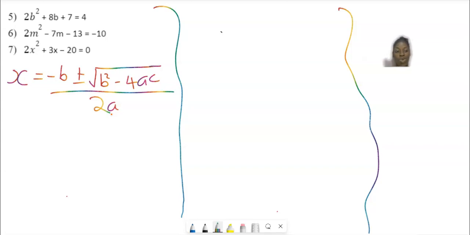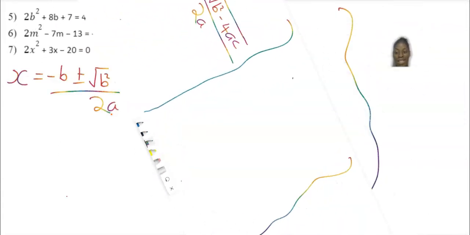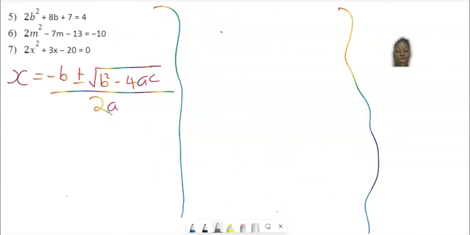Alright, so as you would have done with factorizing quadratic expressions, you would have identified a, b, and c. If you look in the formula, you will realize that you see a, b, and c. So that means it is still necessary, still relevant for you to identify a, b, and c.